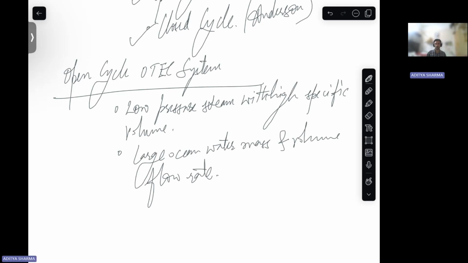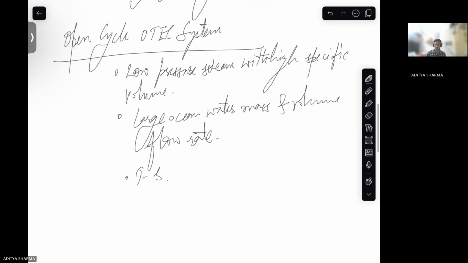And if you wish to see its TS diagram, you can refer to the lecture that will be given in the description. Lecture number 29.